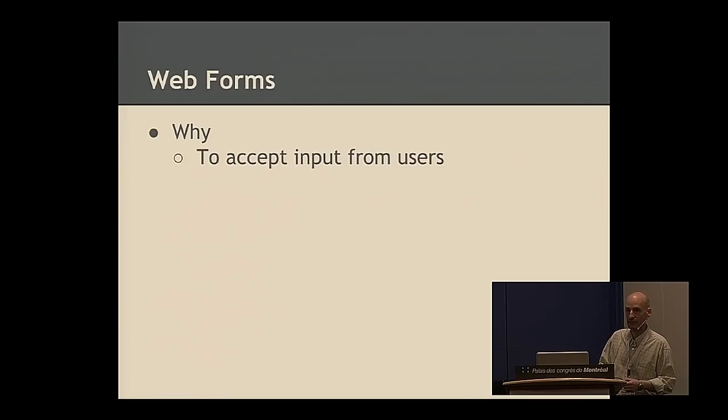In the other requests, the browser asks the server for content. When you have a form, the browser is sending content to the server. It goes the other direction, okay? The requests have names, or they're called request methods. The type we've seen before, where the browser requests a page, are called GET requests. The requests that submit data are called POST requests. And we're going to see how those are handled.